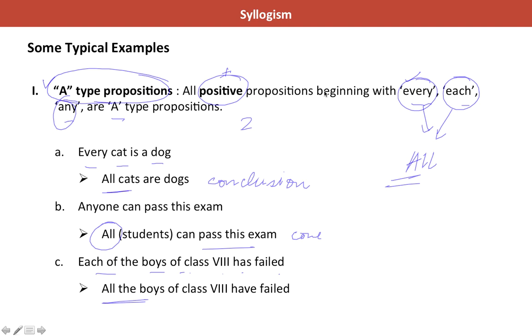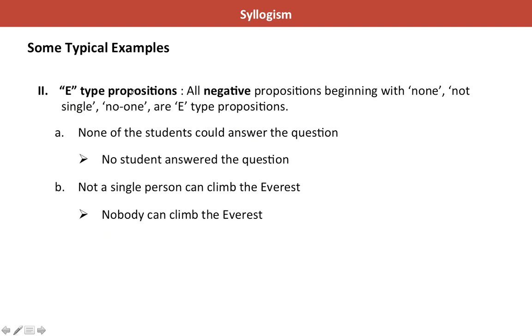Let's move on to the second type, the E-type propositions. All negative propositions, so the first thing is negative, beginning with none, not a single, no one, are called E-type propositions. For example, none of the students could answer the question. It means that no student answered the question.